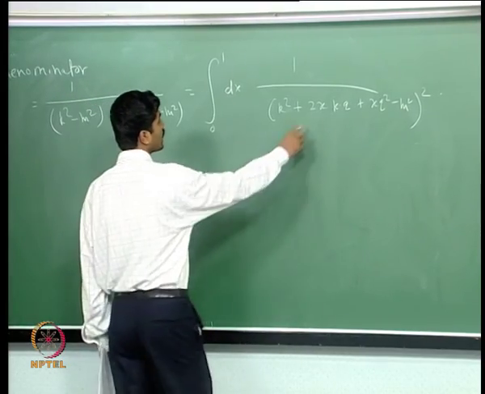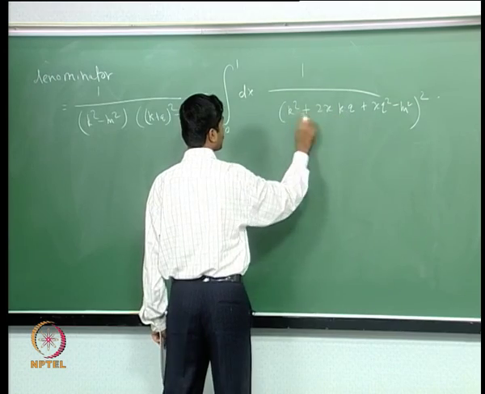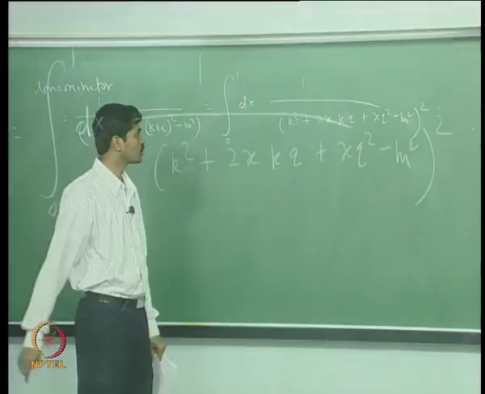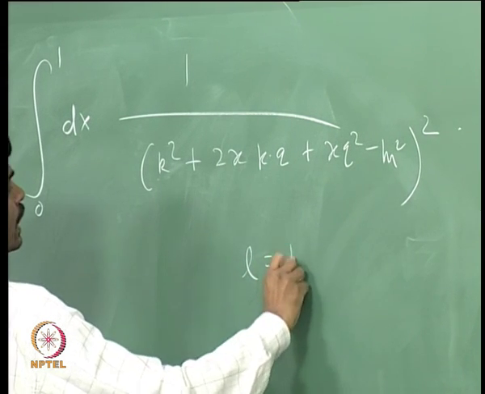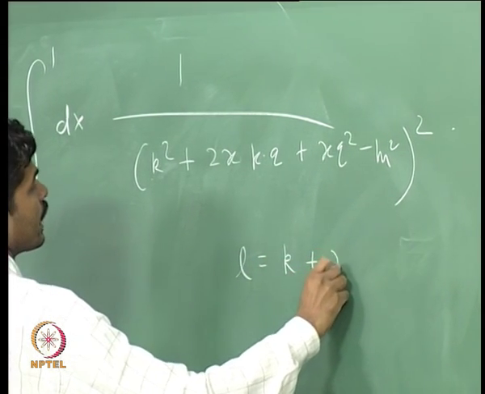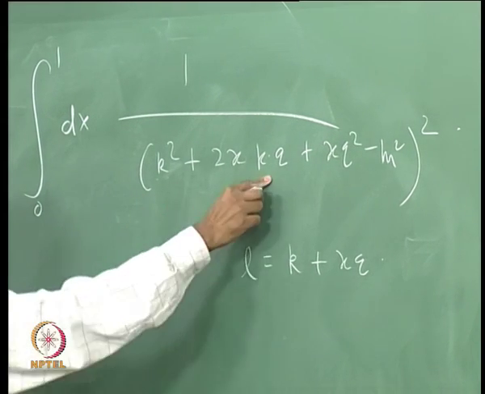And now again you see there is a linear term in k and there is a quadratic term in k. I want to complete the square. So, I will introduce the variable L, which is basically k plus x q, and I will express it in terms of L square.